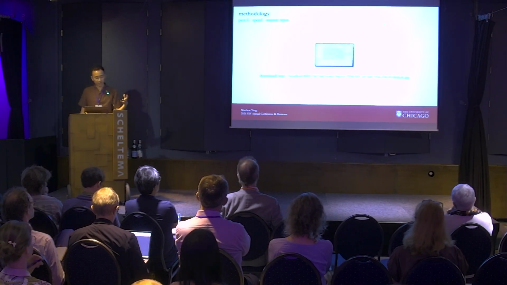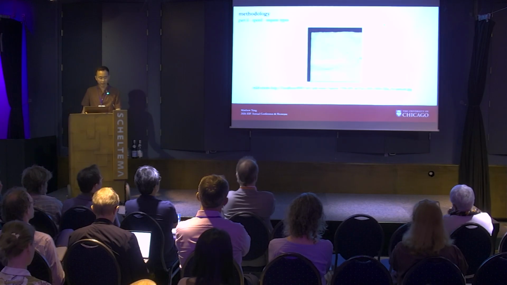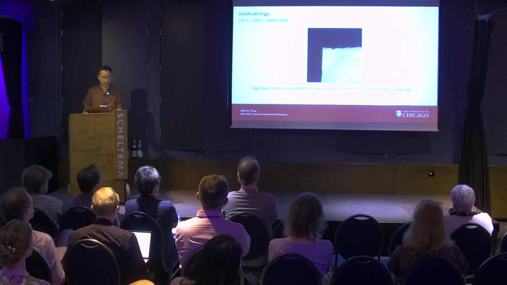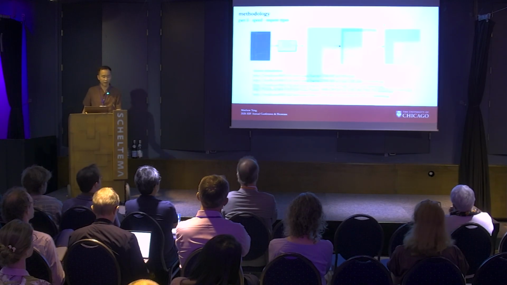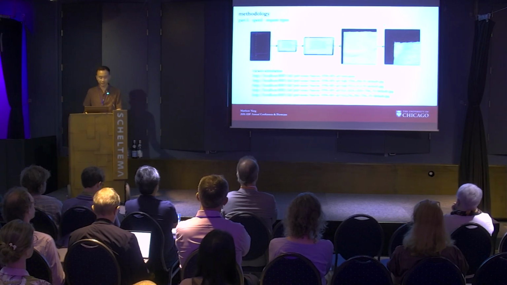The second request is getting a thumbnail. The third request is getting a mid-zoom tile. The fourth request is getting a high zoom tile. And the fifth request was the most expensive, a combination of the previous 4 requests done in sequence.